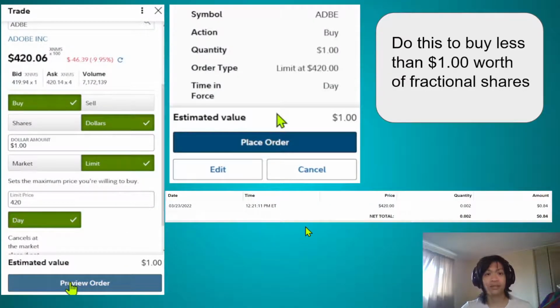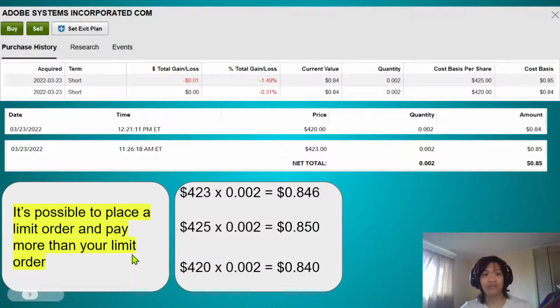Also, another thing is that with fractional shares, it is possible to place a limit order and pay more than your limit order. So how did this happen? For example, what I did at the time was I was trying to buy Adobe and I did a limit order of $423. That's the per share price, and I wanted to buy 0.002 shares.